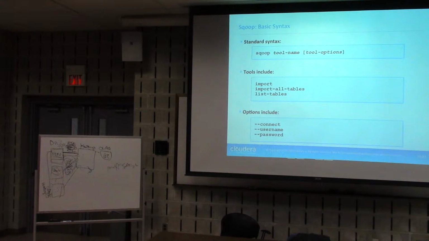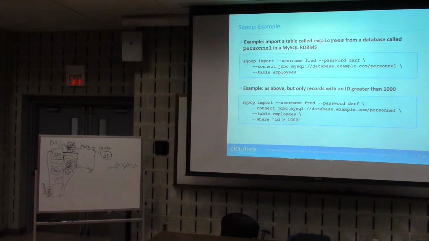There are three Scoop commands, with three main tools. One is import all tables or list tables; list tables is describe. Okay, and then the options are connect, username and password. These are the frequently used options. So for example, sqoop import, username is Fred, and password is the database password.